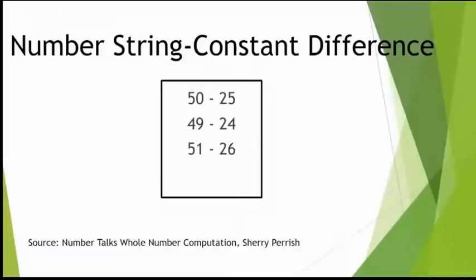And you can build upon them and say things like, remember in the last problem when we used that constant difference and we added 1 to each, and then we found that that same problem, 49 subtract 24, is just the same as 50 subtract 25. But then you can also see where you can use that same thinking when the third problem is introduced, 51 subtract 26, but instead of adding, you subtract 1 from each. And then your problem is the same as 50 subtract 25.